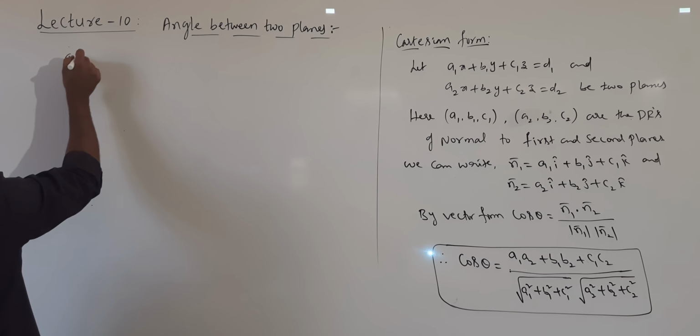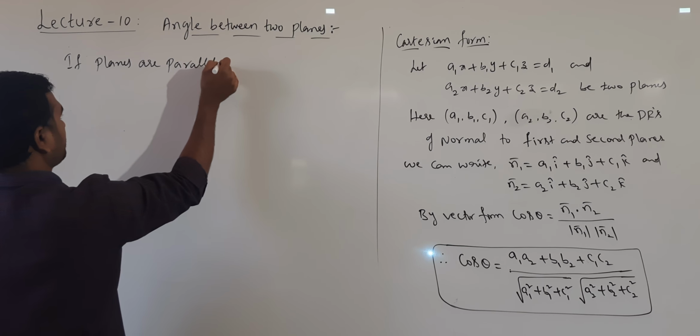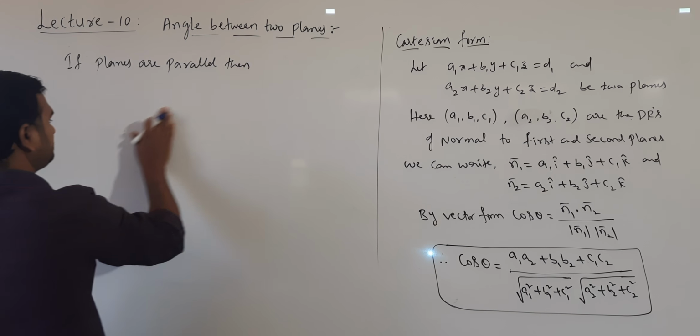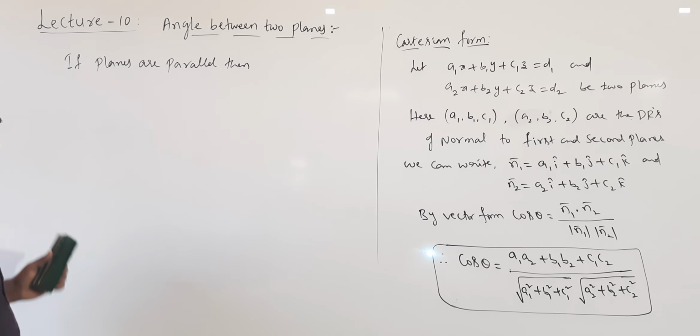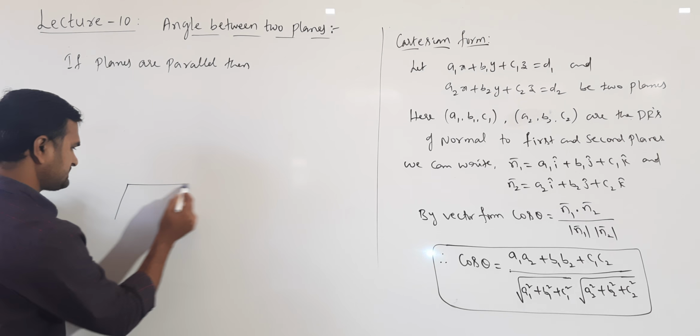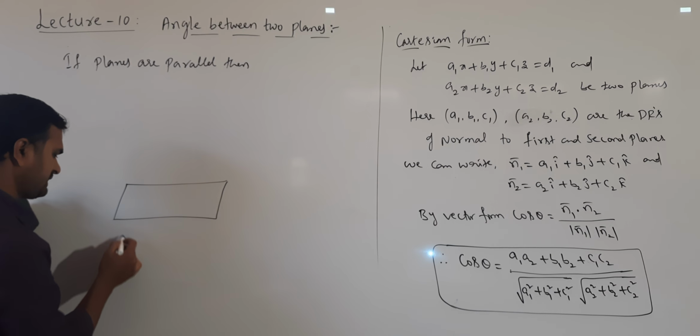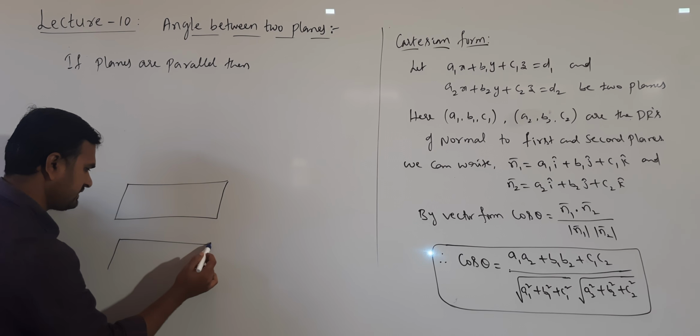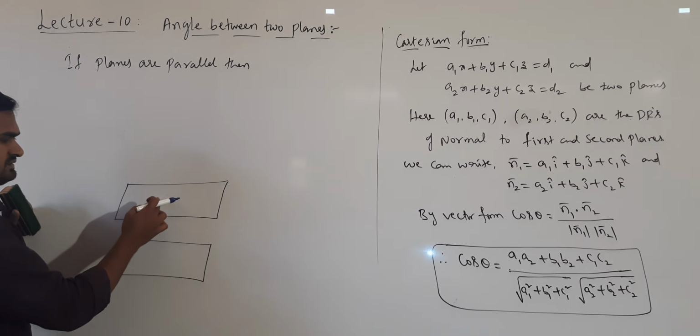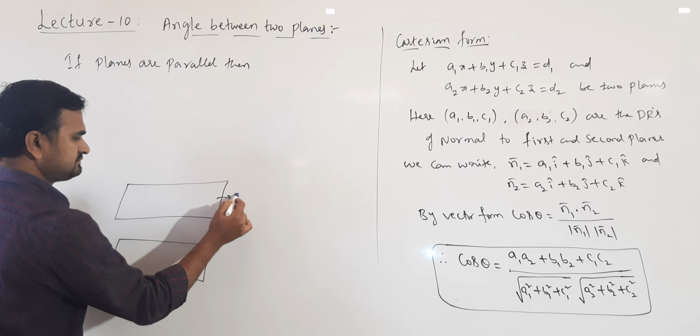If planes are parallel, then planes are parallel means like this. Suppose this is the first plane and this is the second plane. So these planes are parallel.